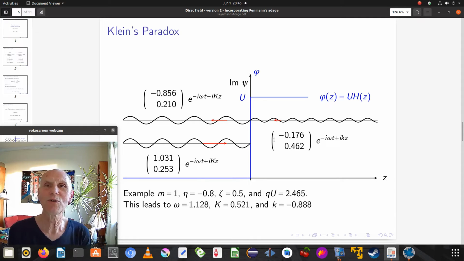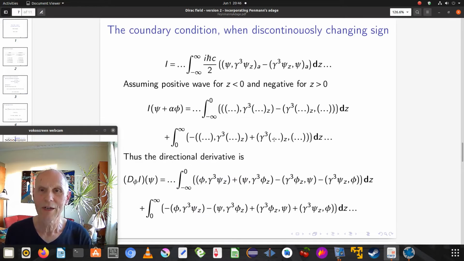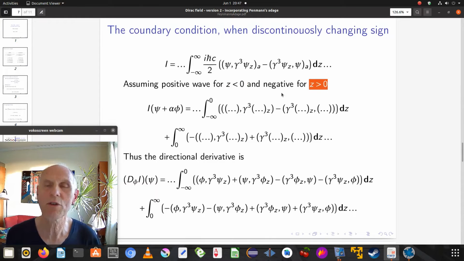If you followed the series from the first installment, then you probably already know what we need to do. We need to derive the boundary condition. To do that, we assume that we have a positive wave to the left of the xy plane and a negative wave to the right of the xy plane.